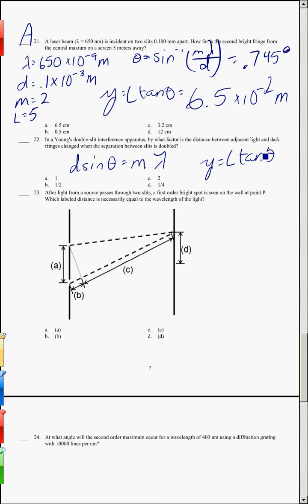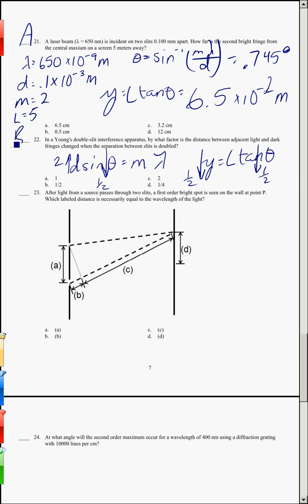So if I double d by 2, that means that theta is going to go down by a factor of a half. And if I take theta down by a factor of a half, that means that y is also going to go down by a factor of a half.